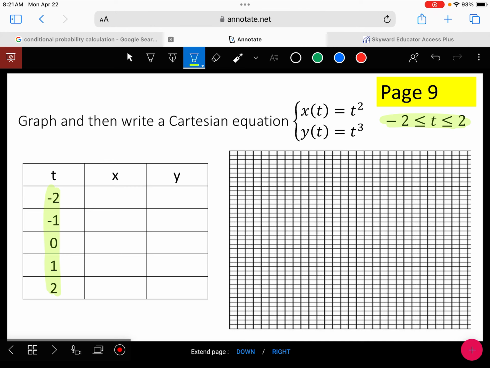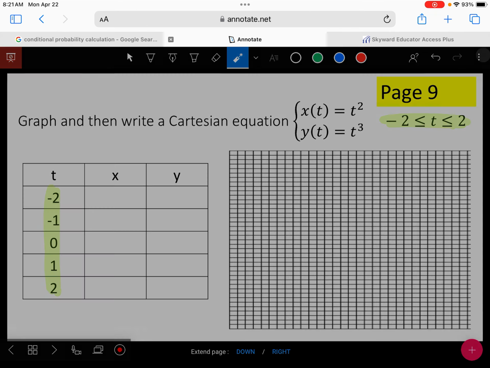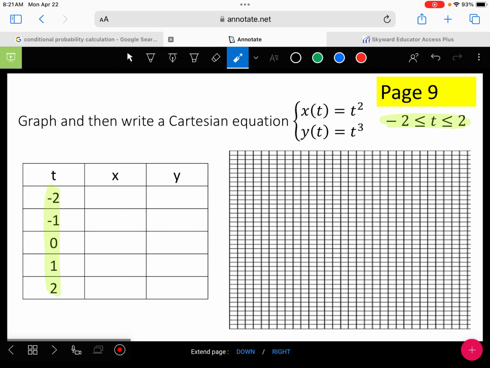So I'll give you a few minutes to find these 10 numbers. So you're going to use these 5 numbers in your x parameter. So you're going to square these 5 numbers to get x. And then you're going to cube these 5 numbers to get y. So I'm going to freeze my screen, and I'm going to work it out and you work it out also. And we'll see if we get the same thing.